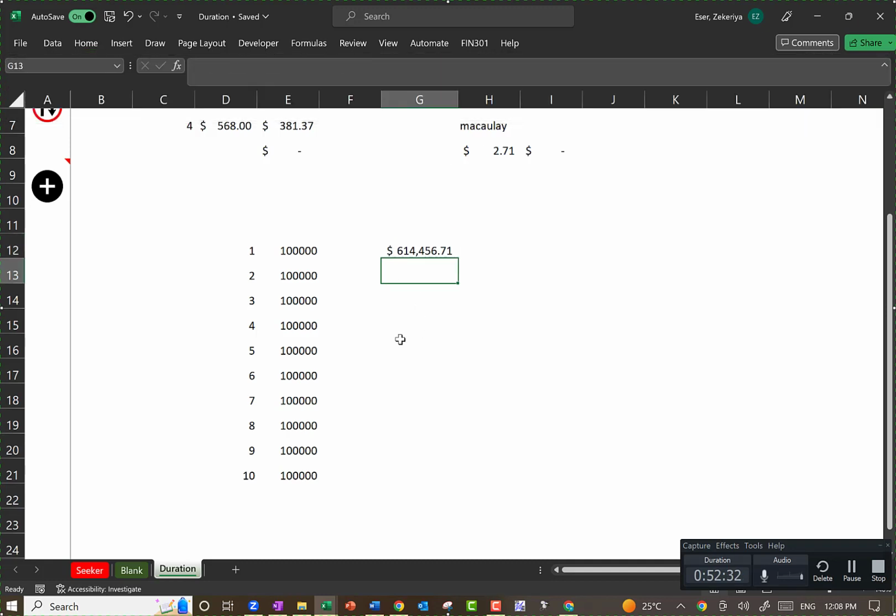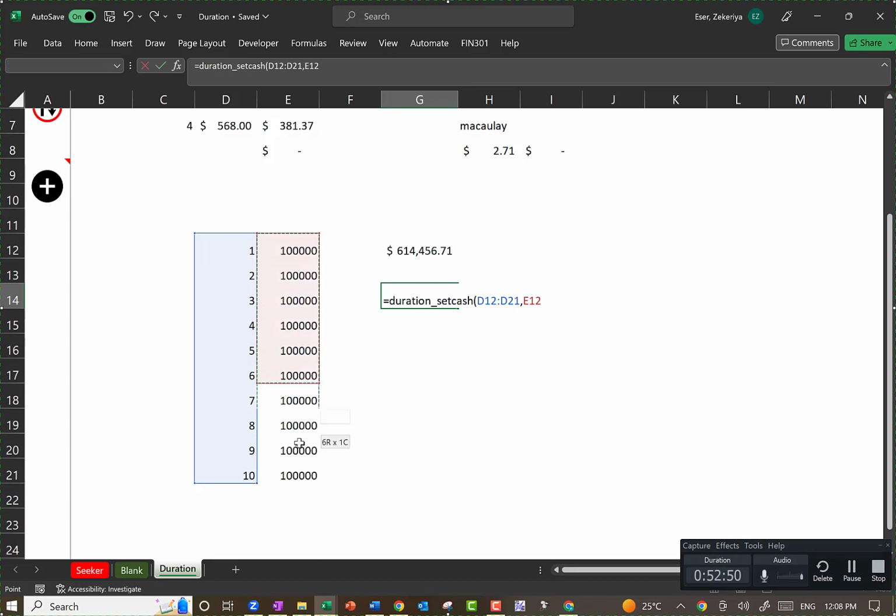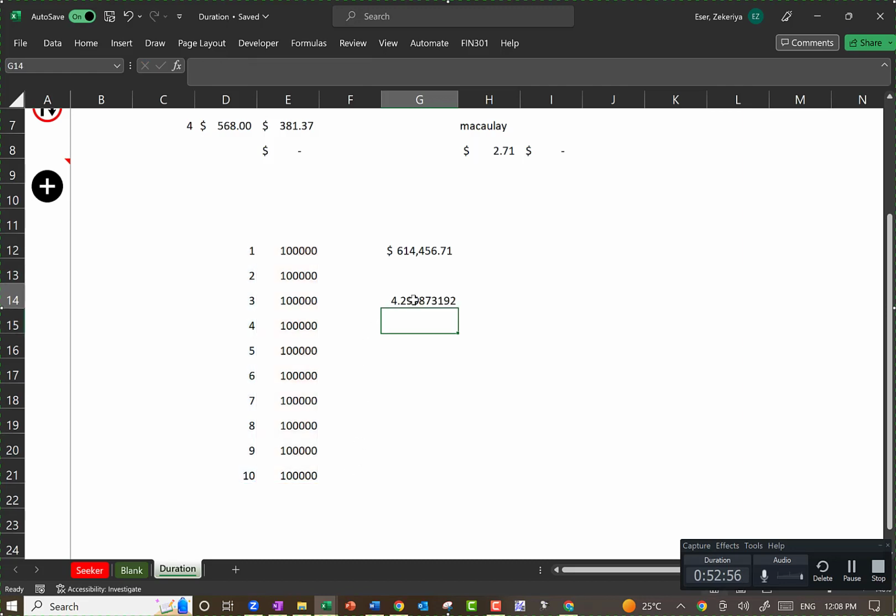So paying $100,000 for the next 10 years, its present value is $615, but what is the actual duration? Turns out it's slightly over 4.25 years.